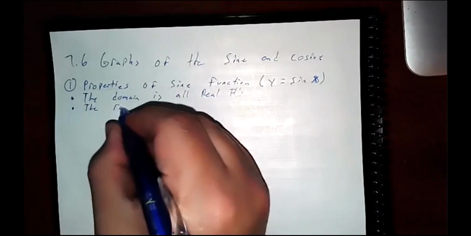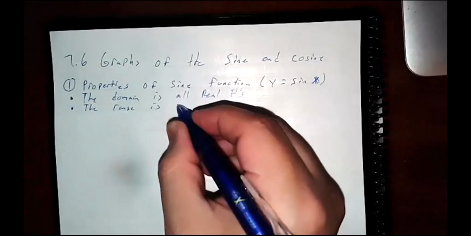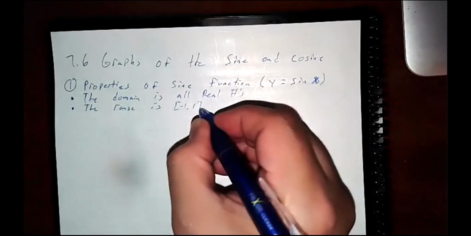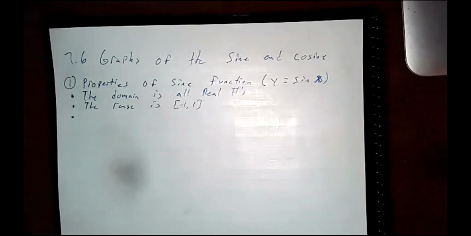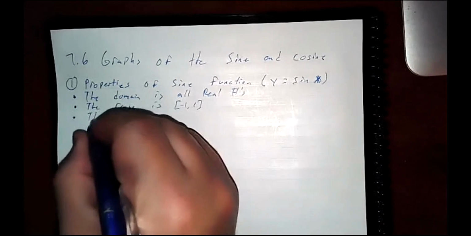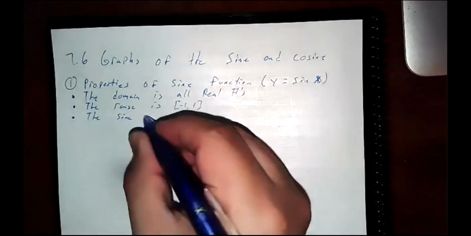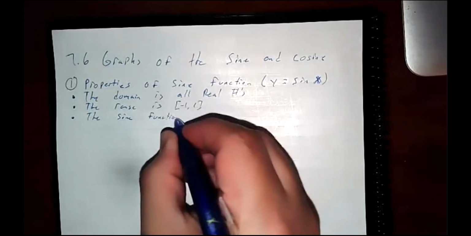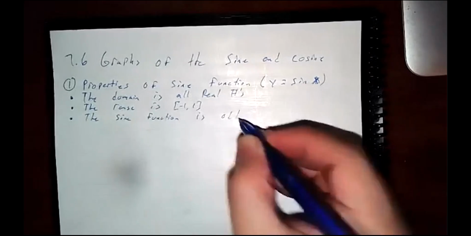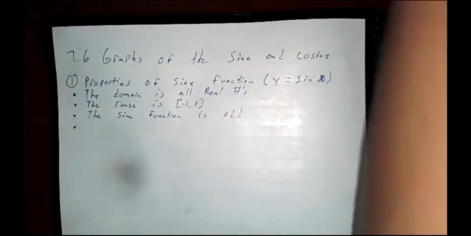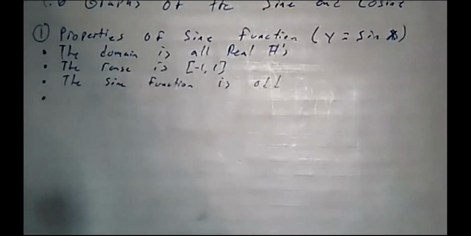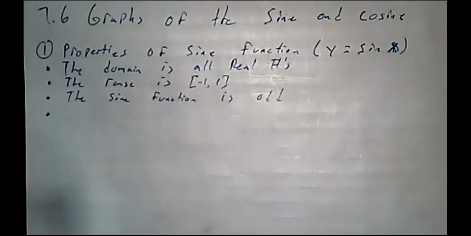Number 2, I'm going to shorten this. The range is -1 to 1. Okay, 3. The sine function is odd. Let me zoom in a bit. Okay.